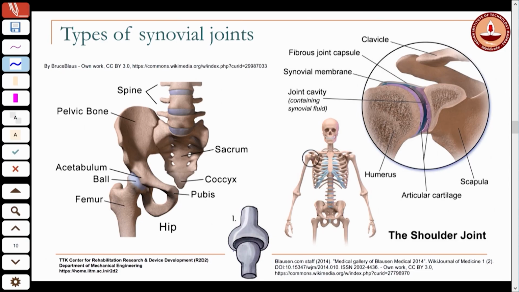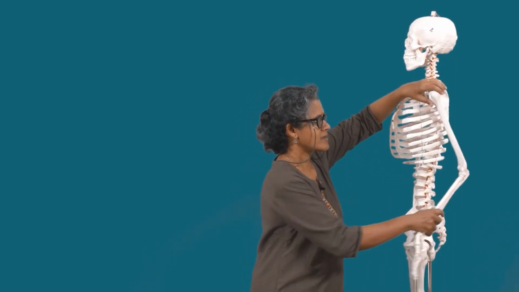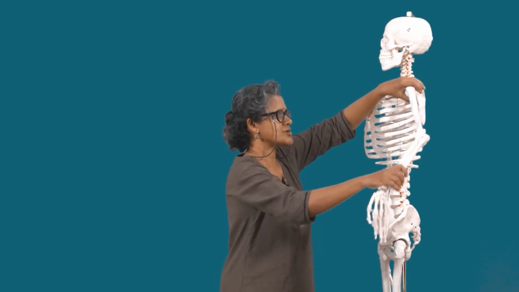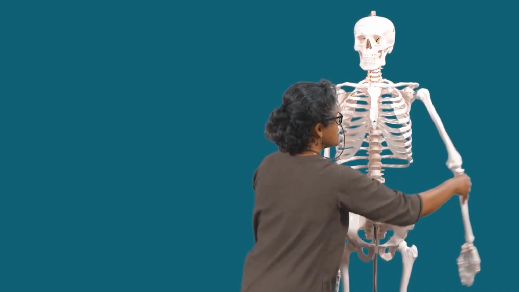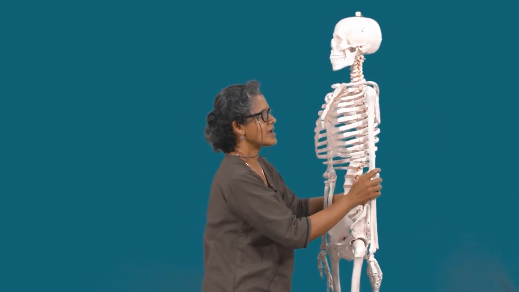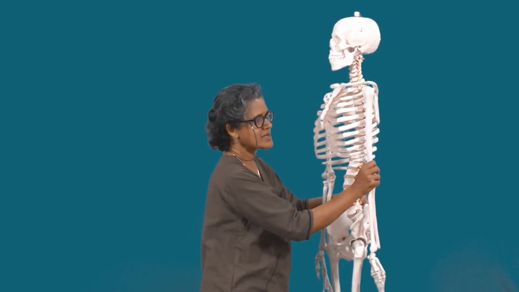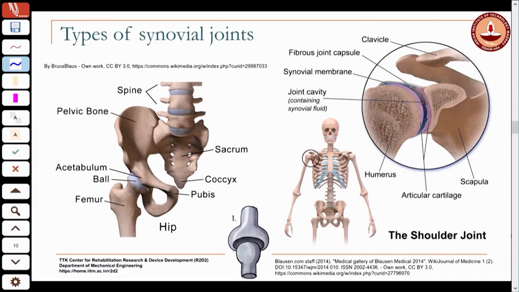At the shoulder, for example, you can rotate in the frontal plane, you can rotate in the sagittal plane, and although this model does not have it, I can rotate in this plane as well. Of course, in this model the joint is not truly a ball and socket joint, but the control of the motion happens because of the ligaments surrounding the joint.